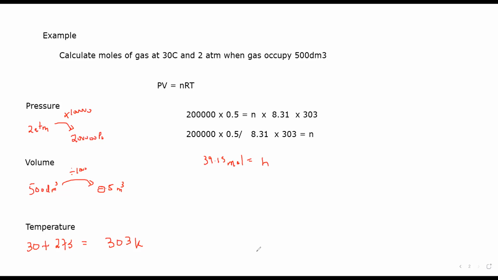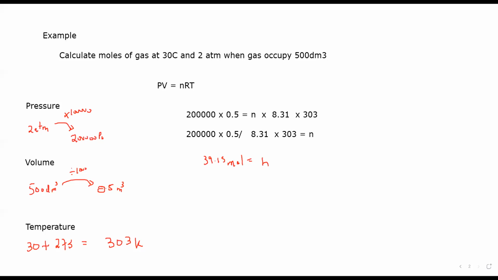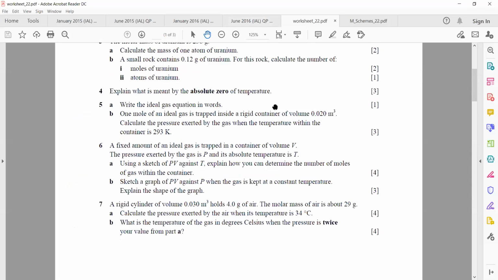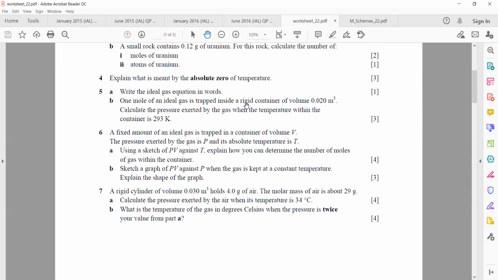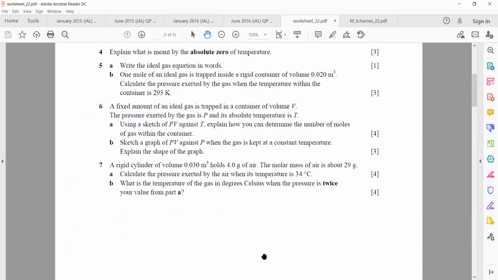Now some questions related to this. For example, in the question, a rigid cylinder of volume 0.03 meter cube holds about 4 grams of air.